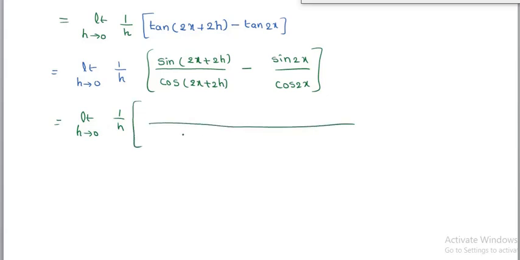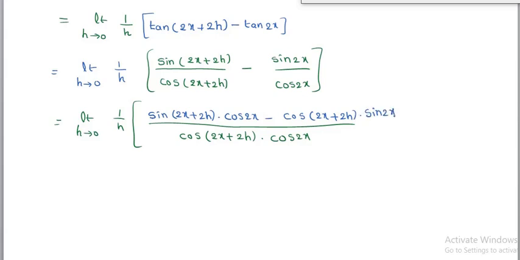The LCM of both is cos (2x plus 2h) into cos 2x. So cross multiplication: sin (2x plus 2h) into cos 2x minus cos (2x plus 2h) into sin 2x. So what represents this formula? Sin A cos B minus cos A sin B.